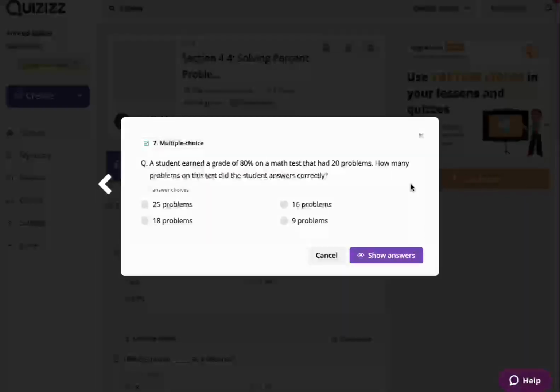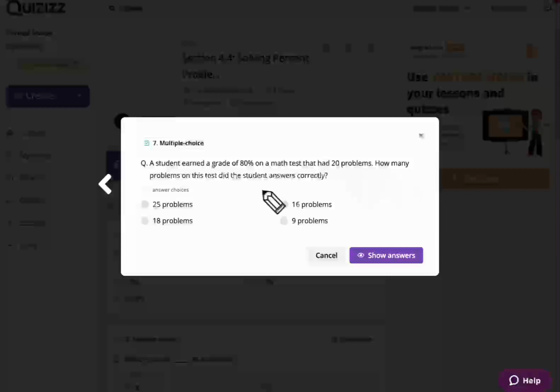And this one is a story problem. We need to read it first. Nawaf, are you here? Okay, go ahead. A student earned a grade of 80% on a math test that had 20 problems.